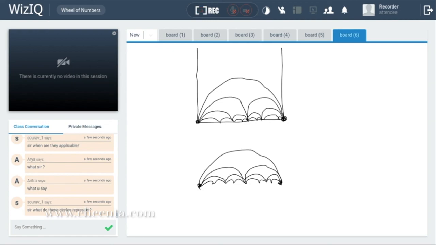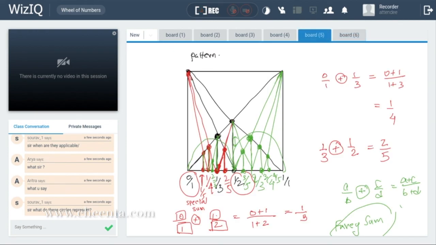So anyway, this beautiful construction in many ways leads to what's called a Farey diagram. Well, it's just a part of the Farey diagram.